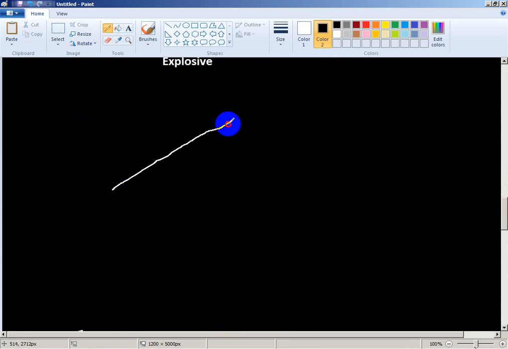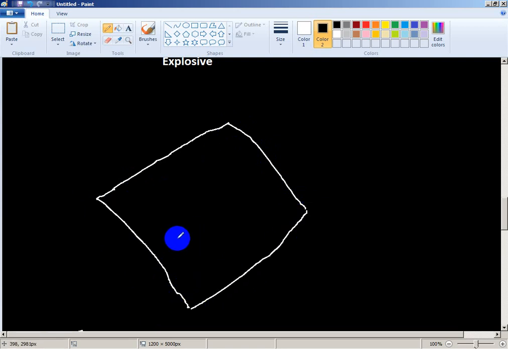Draw the diamond shape, drawing finished.